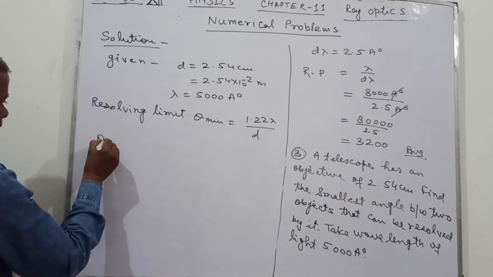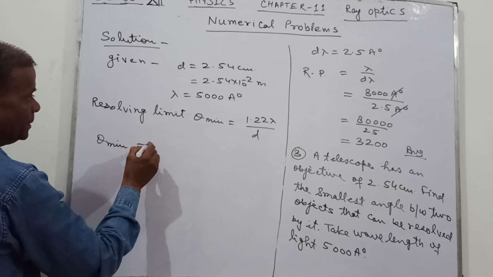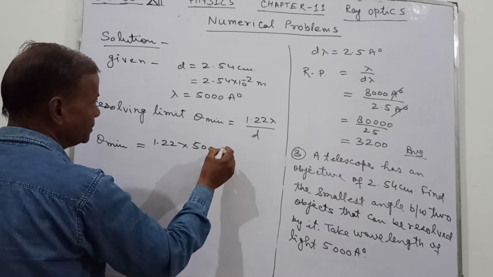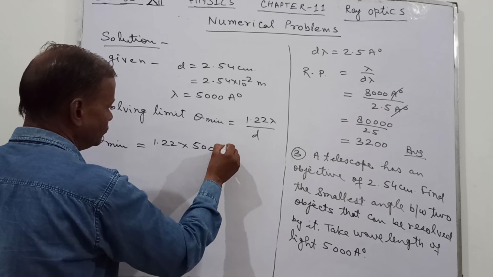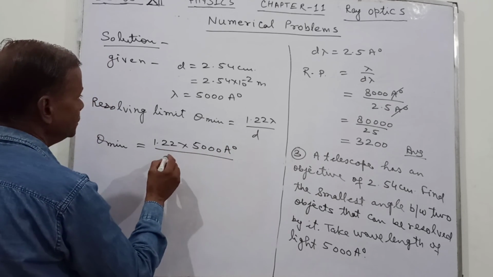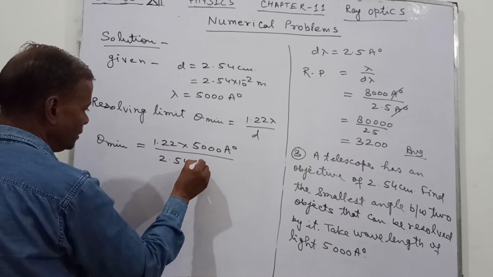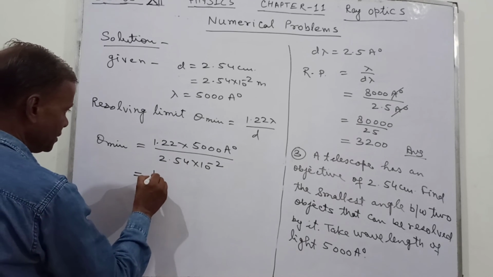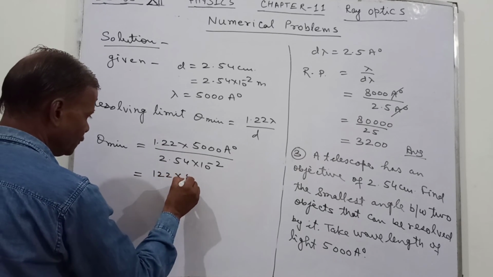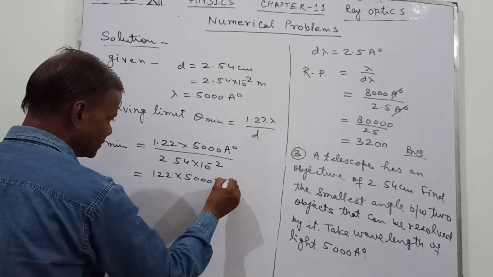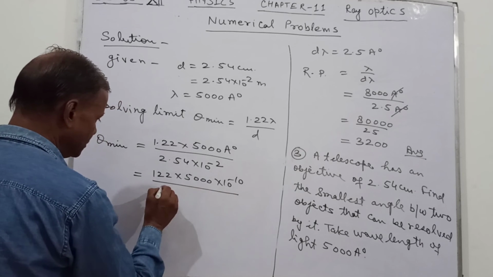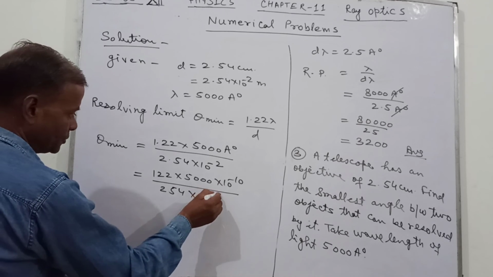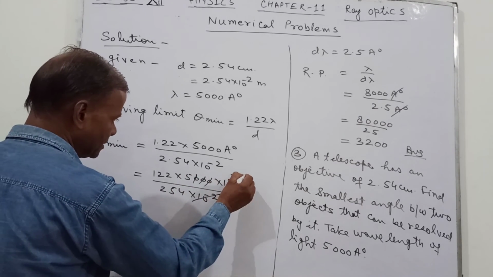So this theta minimum is equal to 1.22 into lambda, 5000 angstrom, upon this is now your 2.54 into 10 raised to the power minus 2. So now what will happen? These points will cancel, into 5000 angstrom, 10 to the power minus 10 meter. This is now 254 into 10 raised to the power minus 2. So this will cancel. So this is now your 5.